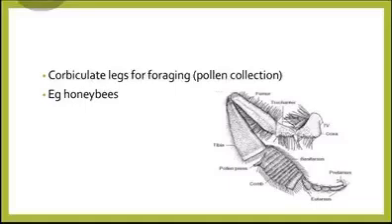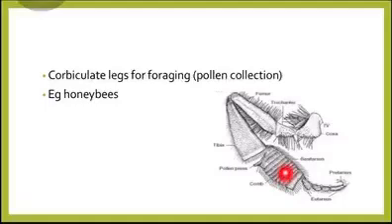As you can see in the diagram, this is the tibia, and this tibia has a pollen basket. Pollen basket is also called corbicula, and this is the first tarsomere. It is large in size, called metatarsus, and here you can see the pollen comb.